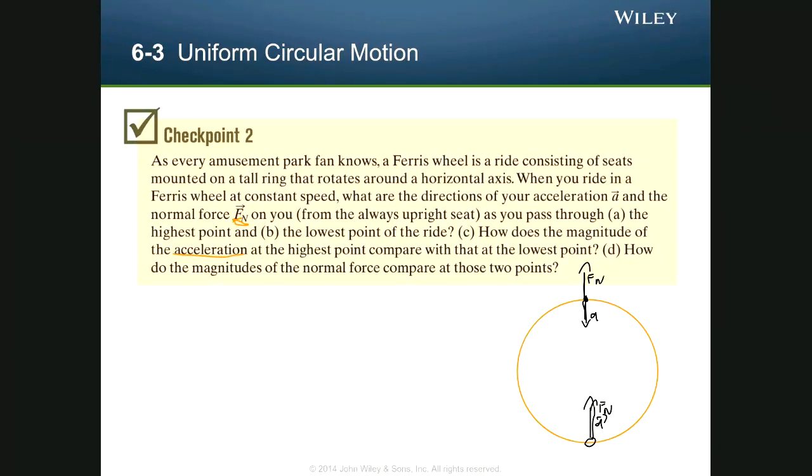The acceleration, in order to be in uniform circular motion, has to remain the same, right? So for C, the acceleration is the same.